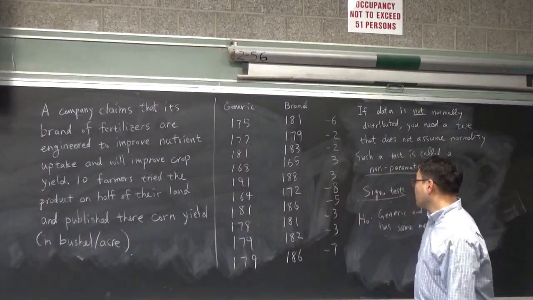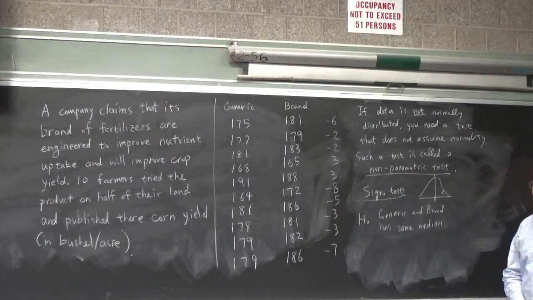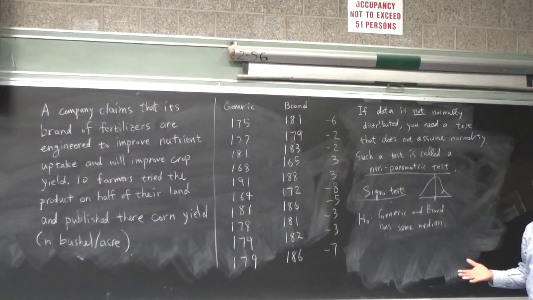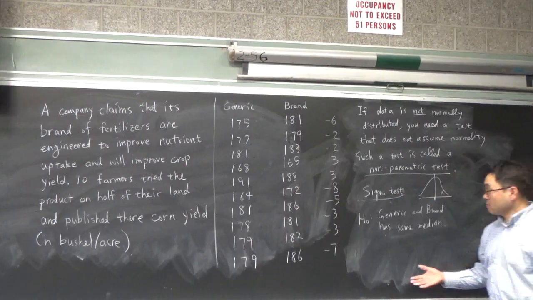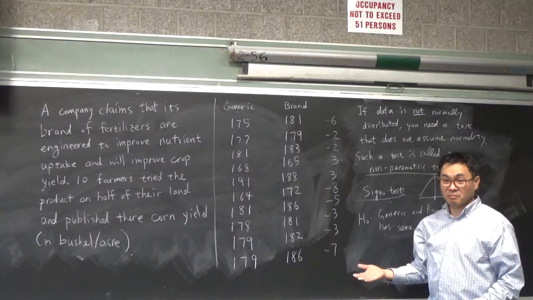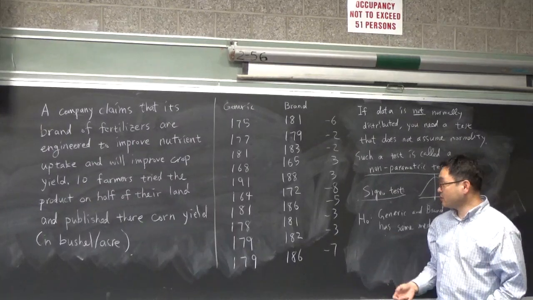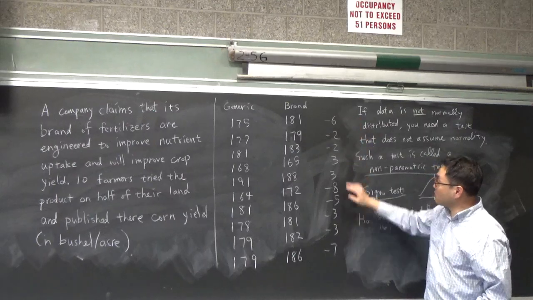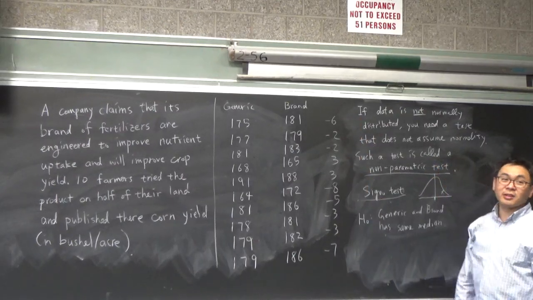Okay? So here's what the sign test does. I know that there's 50% chance of having a minus and 50% chance of having a plus. So now it's like looking at this as if it was a coin flip. If you flip the coin 10 times, you got 8 negatives and 2 positives. Is that a fair coin?